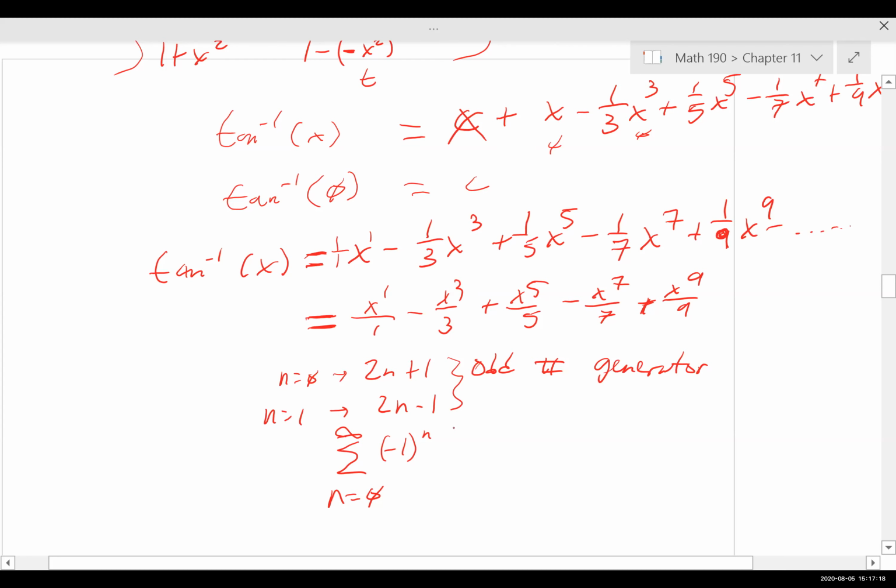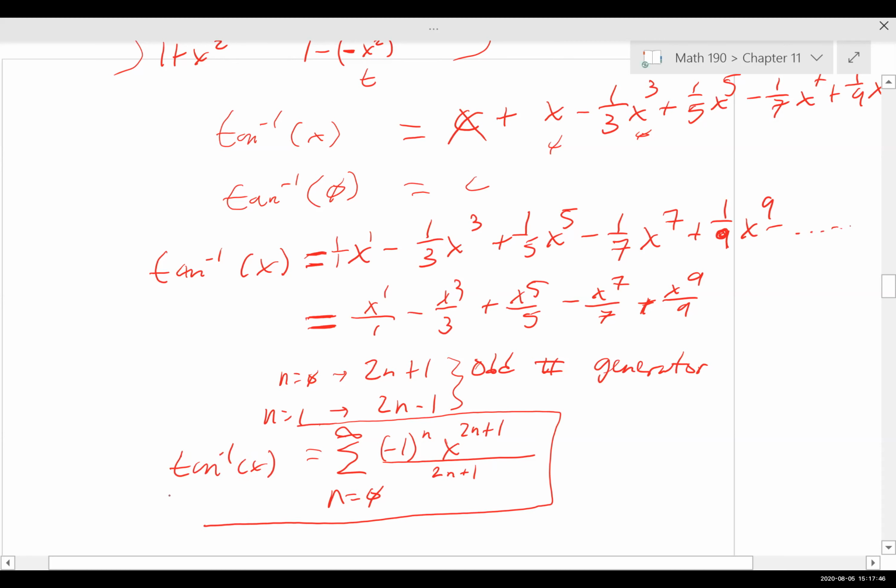Okay, -1 to the n over x to the 2n, and if we're starting at 0, then we will want 1. So this is 2n plus 1 all over the same thing in the bottom. This is 2n plus 1. Oh, that's it. Easy. Okay, that equals your inverse tangent of x.